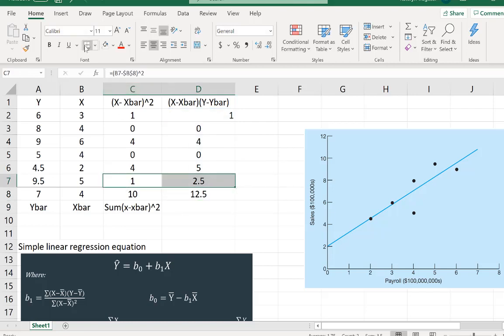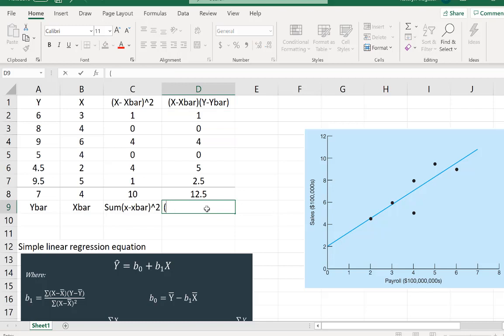And I lost my line there. It's easy to go back and put that in. Okay, so what was this? This was the sum of x minus x bar times y minus y bar. And again, you can get fancy, you can enter in the calculations if you like.